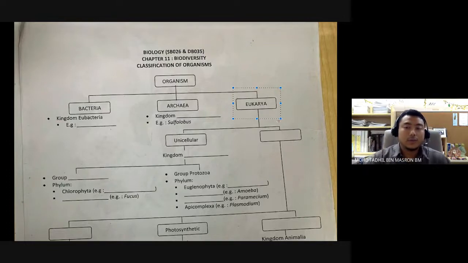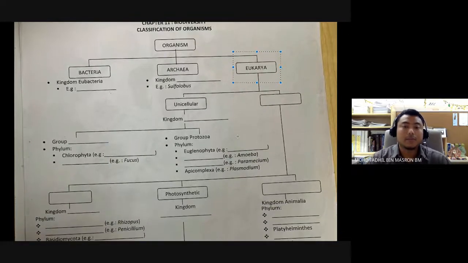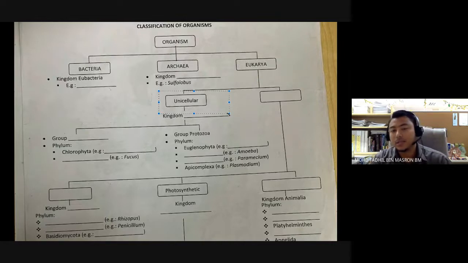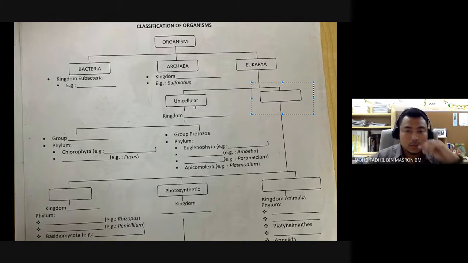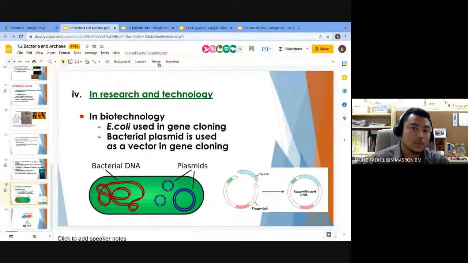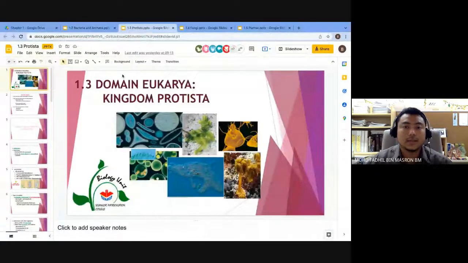Okay, under domain Eukarya, please be reminded that some of them are unicellular, iaitu single cell, satu sel sahaja, even though most of them adalah multicellular. So under unicellular, we have only one kingdom, which is kingdom Protista. That is what we are going to study and discuss now.